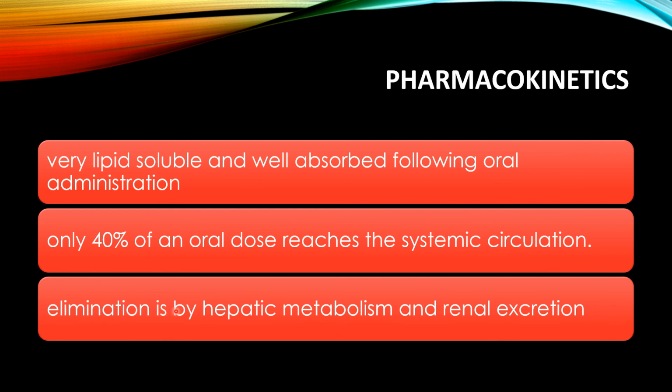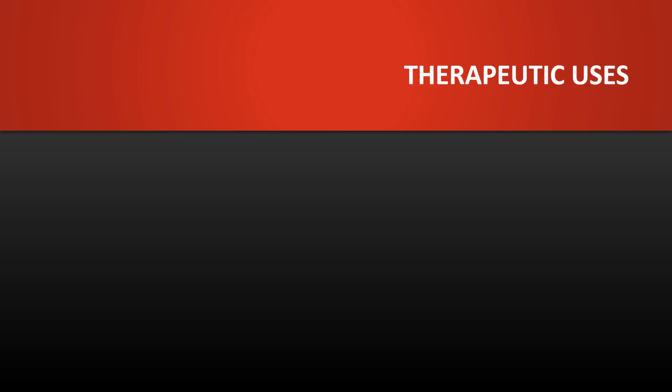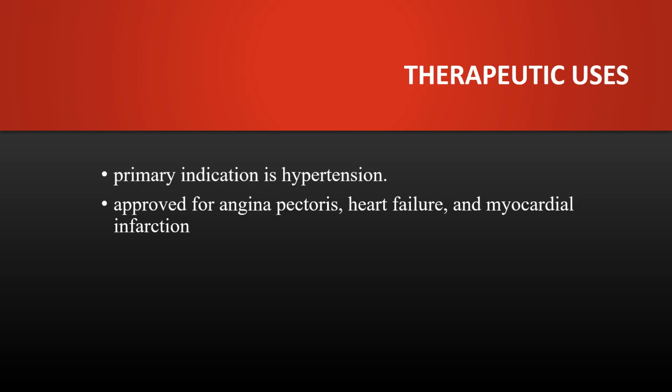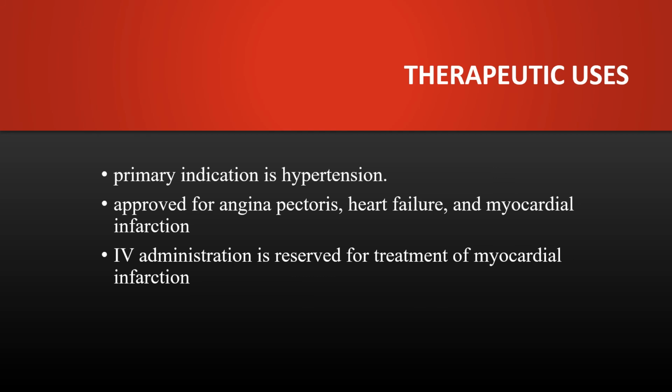Elimination is by hepatic metabolism and renal excretion. For therapeutic uses of metoprolol, the primary indication is hypertension. The drug is also approved for angina pectoris, heart failure, and myocardial infarction. IV administration of metoprolol is reserved for treatment of myocardial infarction.